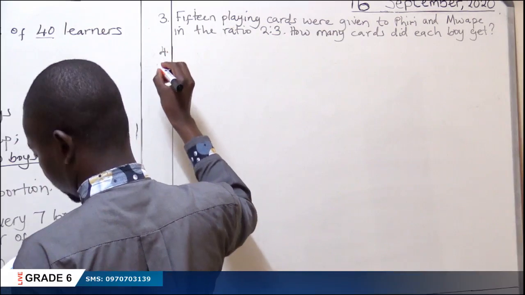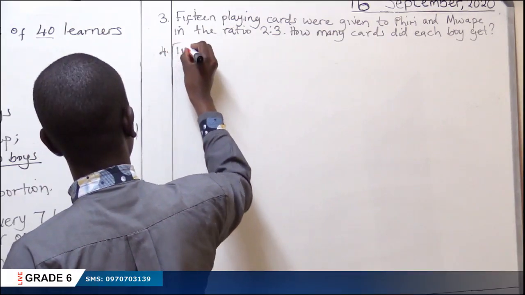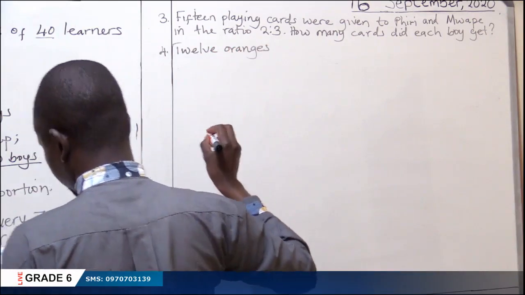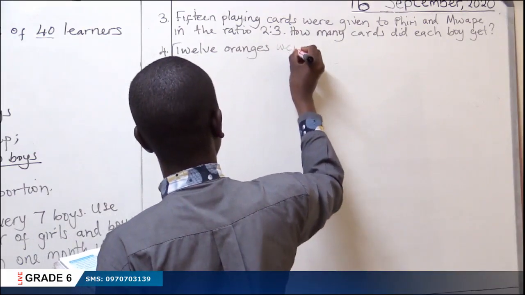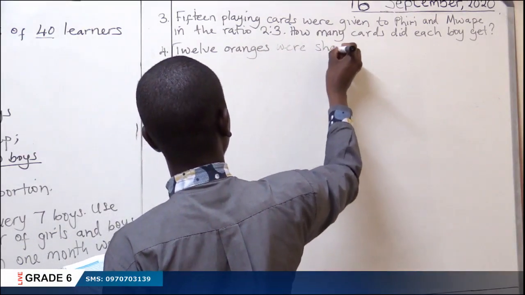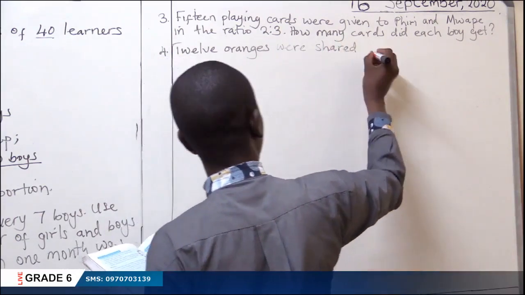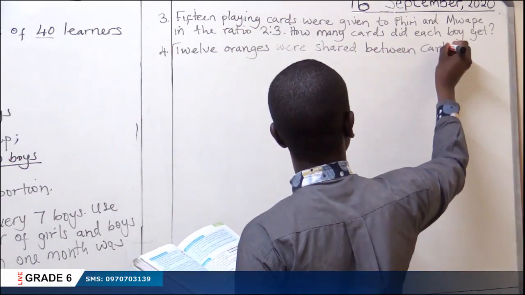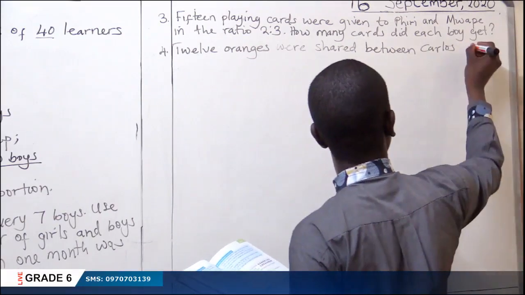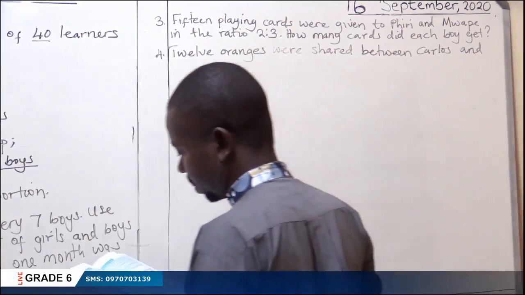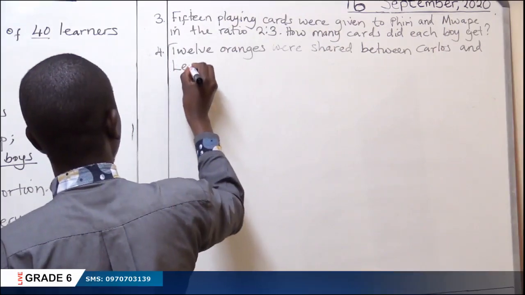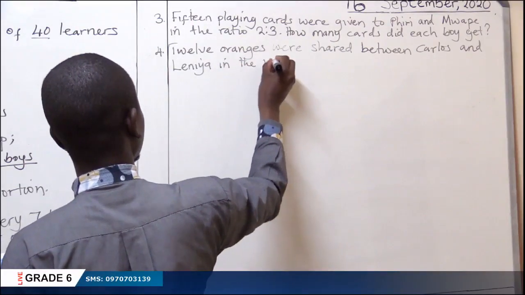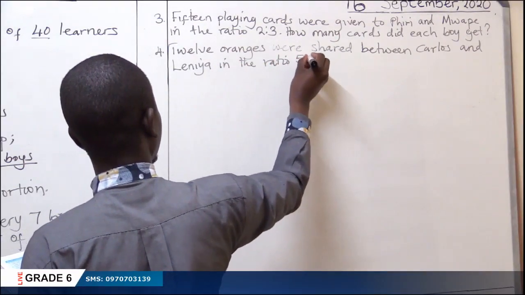Number 4, 12 oranges were shared between Carlos and Lenia in the ratio 5 to 2.